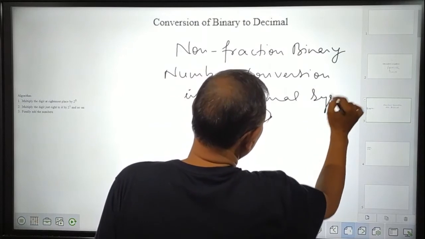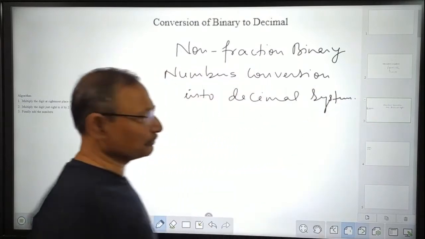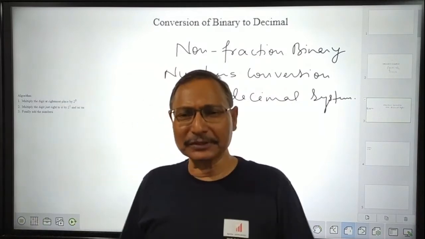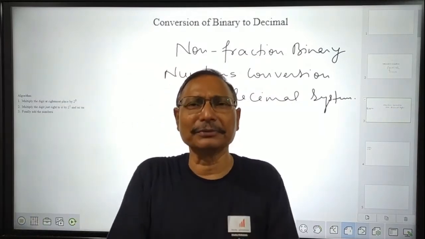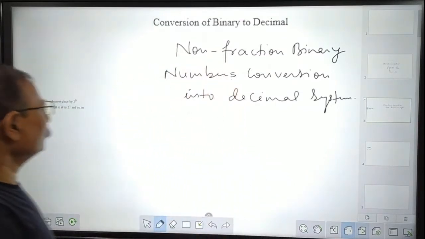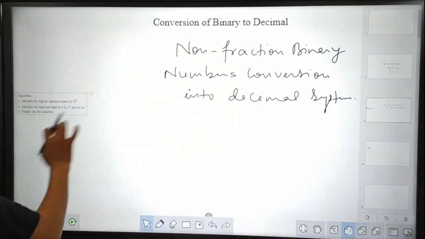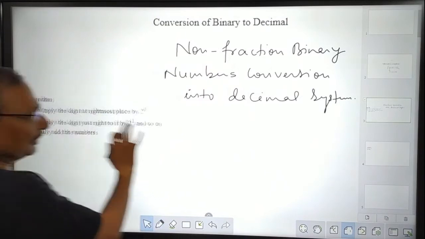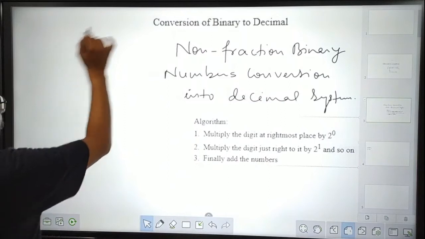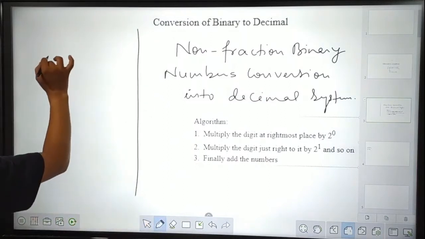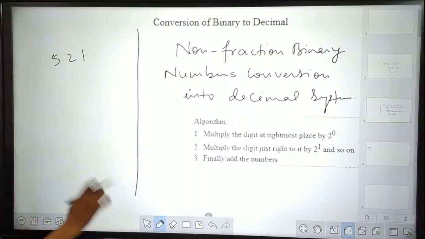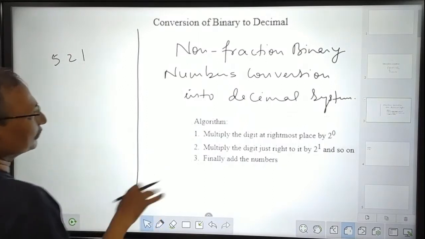In this context, we should have an algorithm, that means a set of steps, using which we can draw the result. We have an algorithm very similar to the decimal system. For example, if in the decimal system we write a number like 521, then we know these digits have their place values.